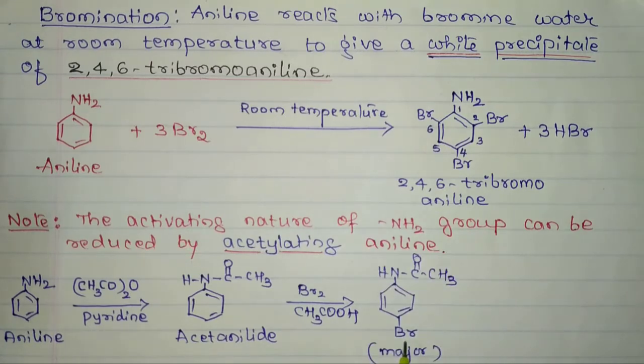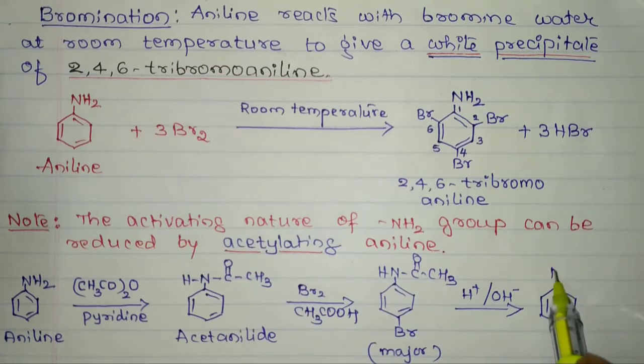The product formed is then hydrolyzed, either in the presence of acid or base, to give para-bromoaniline. This is Br and here NH2, para-bromoaniline.